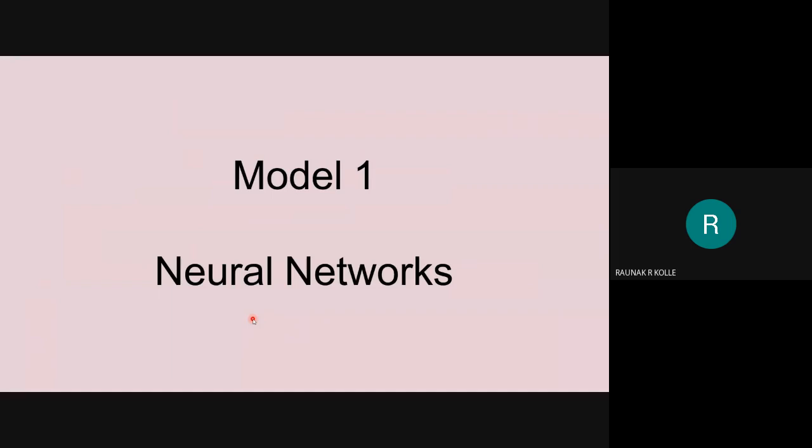Neural networks are also known as artificial neural networks or simulated neural networks. These are a subset of machine learning and are at the heart of deep learning algorithms. Their name and structure are inspired by human brains, mimicking the way that biological neurons signal to one another.